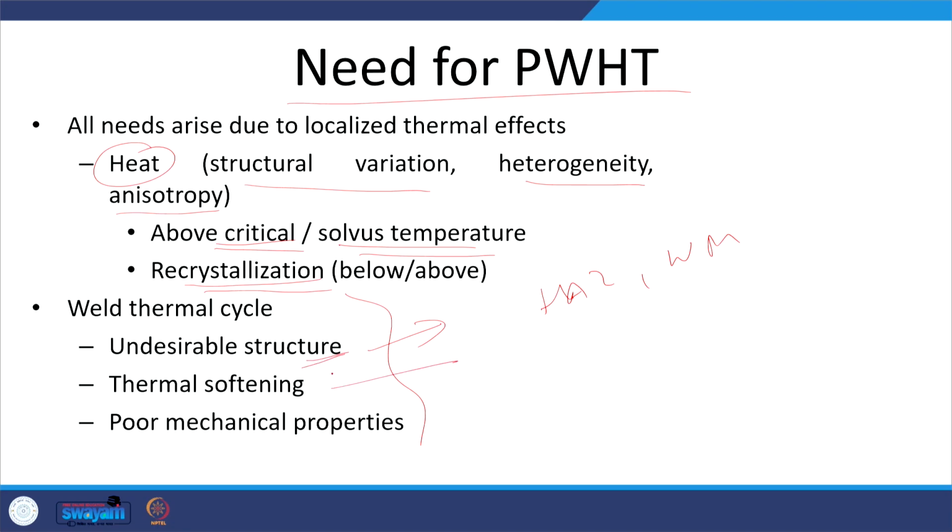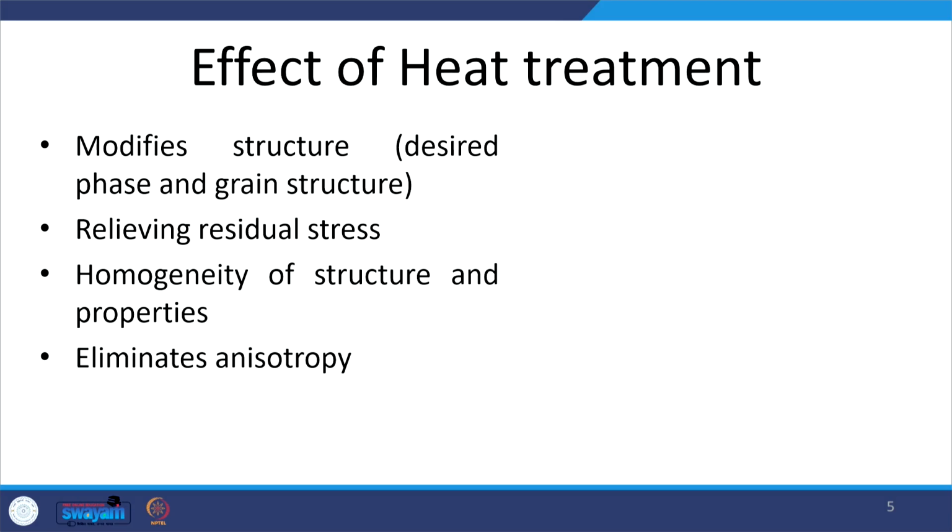This can promote weld thermal softening of the heat affected zone, and coupled with the non-uniformity in mechanical properties, we get poor mechanical performance. Therefore, it becomes important to do post-weld heat treatment.